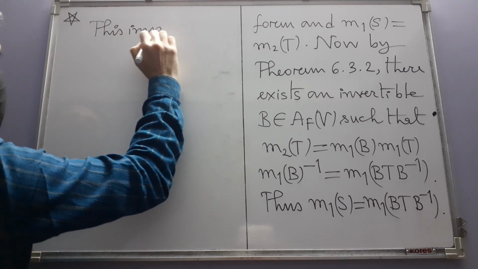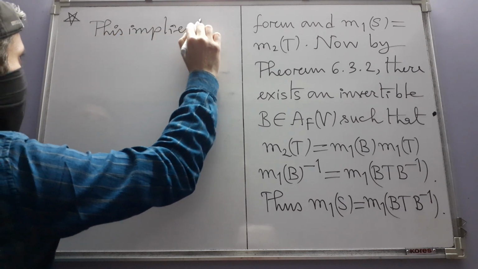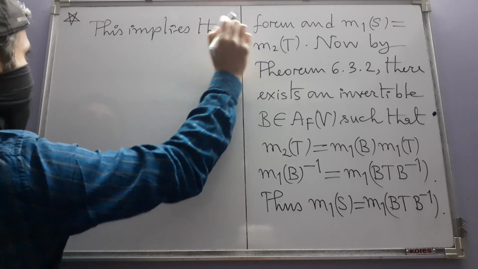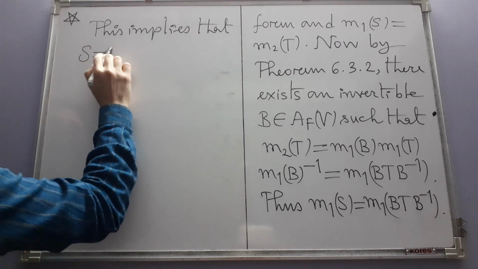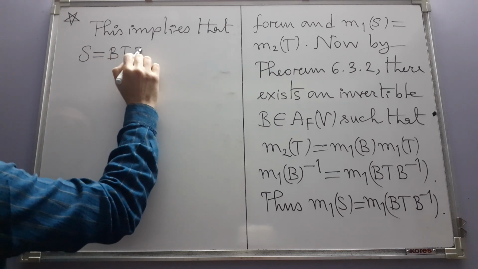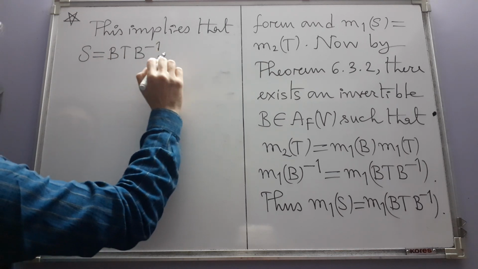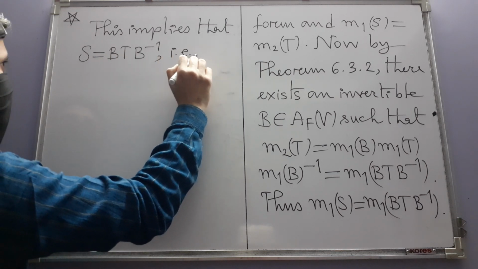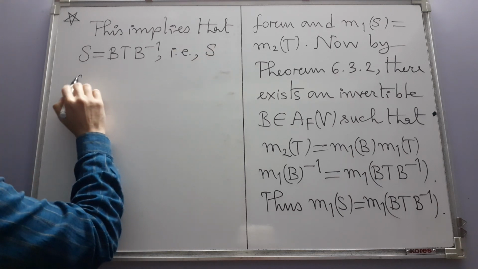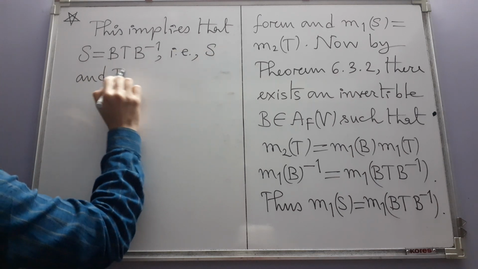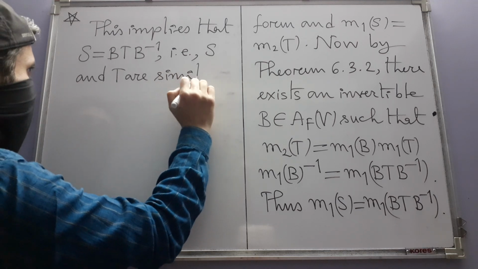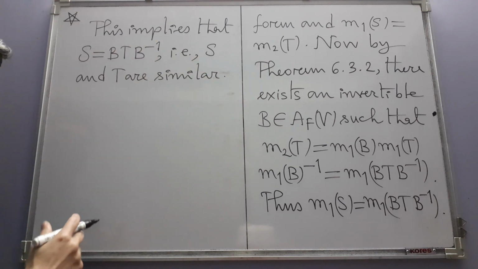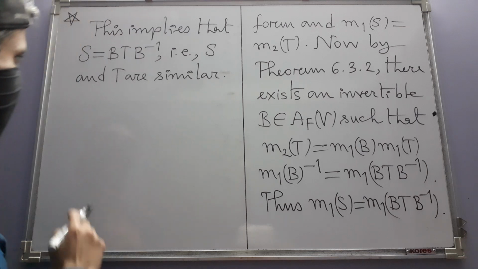This implies that S is equal to BTB inverse, i.e. S and T are similar. So that is one half of the claim.